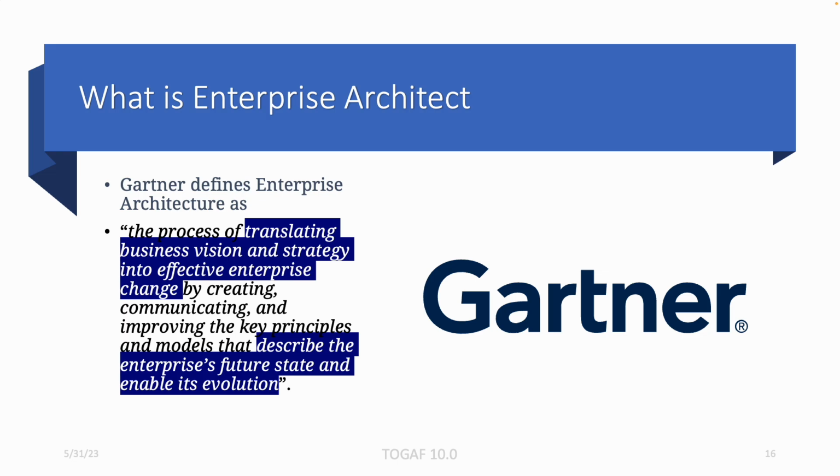This definition highlights the role of enterprise architecture in bridging the gap between business vision and strategy and the necessary changes within an organization. It emphasizes the creation, communication, and continuous improvement of key principles and models that depict the desired future state of the enterprise and facilitate its evolution.